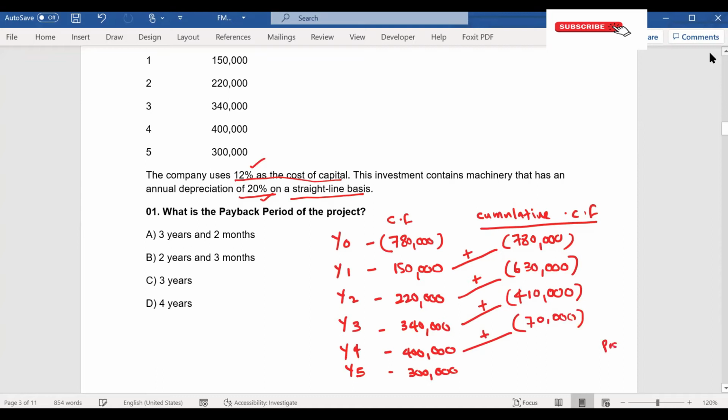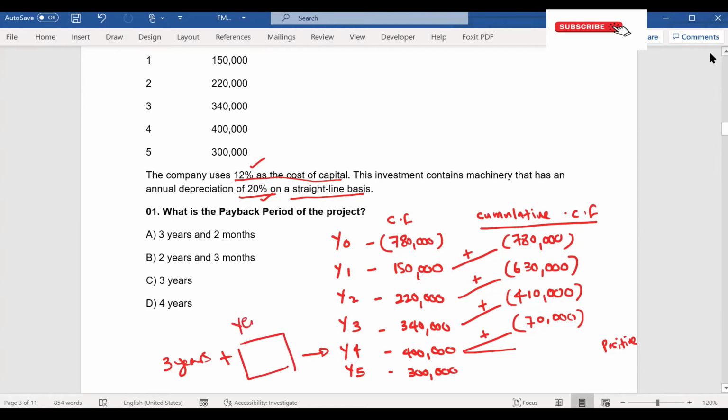The cash flow becomes positive here in year 4. Okay, so part of the 70,000 is recovered during the fourth year. So therefore, the payback period should be 3 years plus some months from year 4.